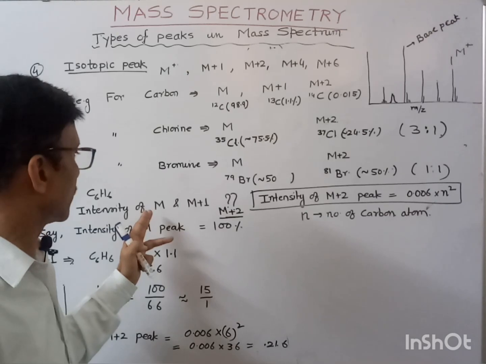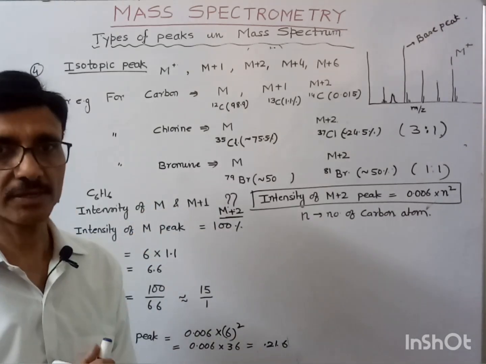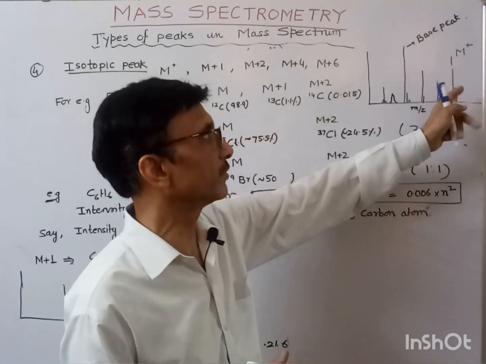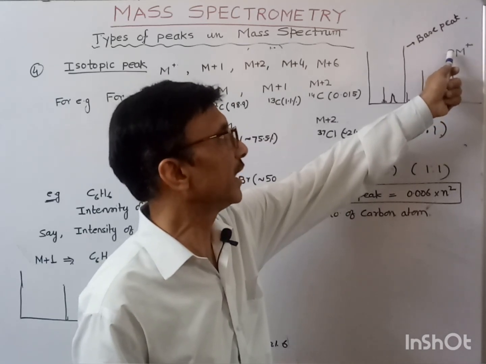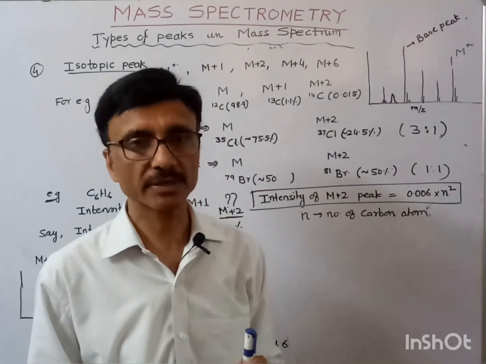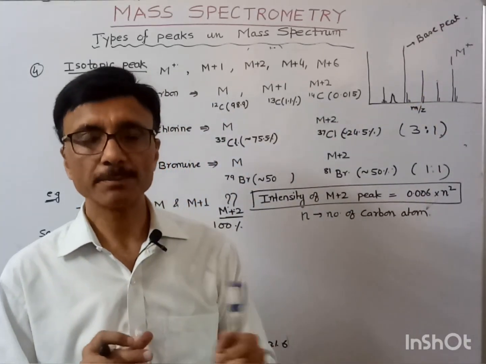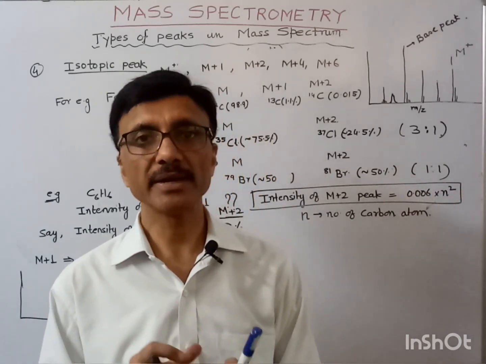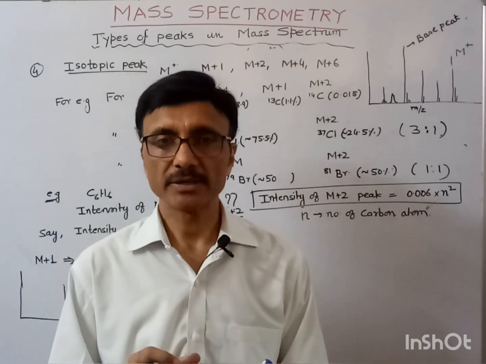Suppose we have the intensities of the M peak and the M plus 1 peak, which we can see from the spectrum. From a spectrum we can compare the intensity of the M peak and the M plus 1 peak. From these two intensities, we can also find the number of carbon atoms in any unknown molecule. This is very important information.